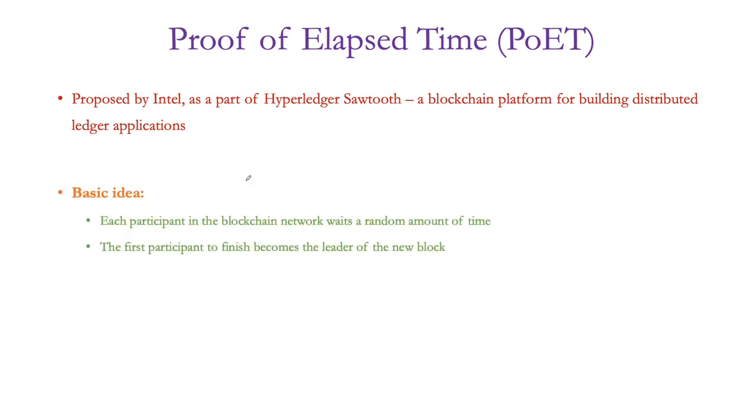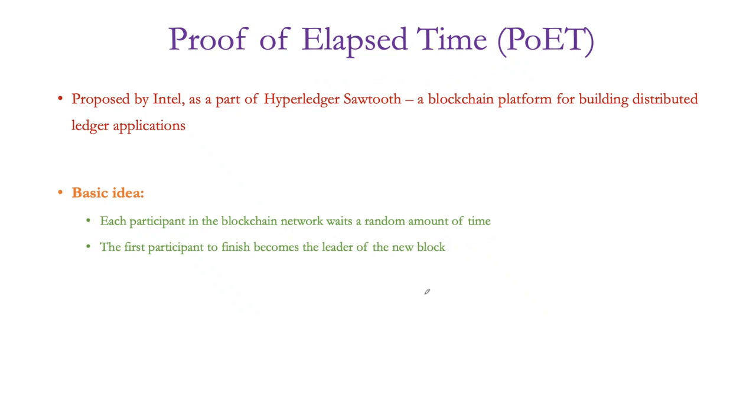The basic idea is that every participant in the blockchain network waits a random amount of time, which we call the elapsed time. Then the first participant to finish becomes the leader of the new block.